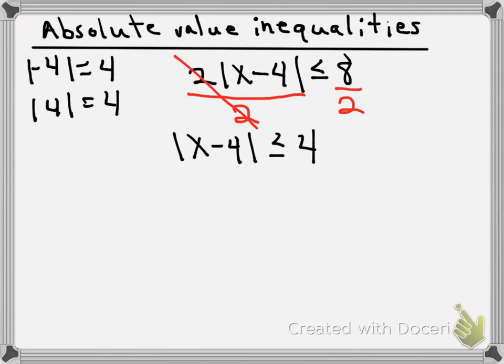Now that we've got the absolute value part by itself, we can create two problems. Because x minus 4, that whole part could have been negative originally, or it could have been positive, and then the absolute value part turned it into a +4. So to double check both of our options, we want to make two different problems.